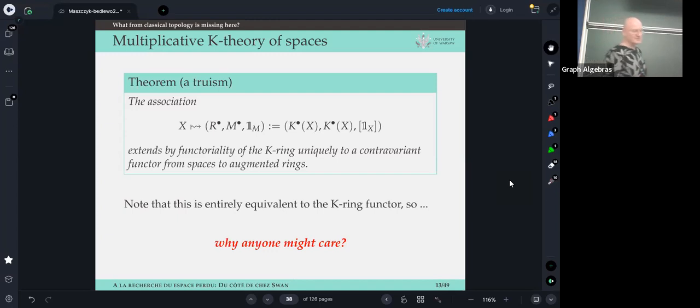And this association extends by functoriality of the K ring uniquely to a contravariant functor from spaces to augmented rings. But this association is fairly trivial.